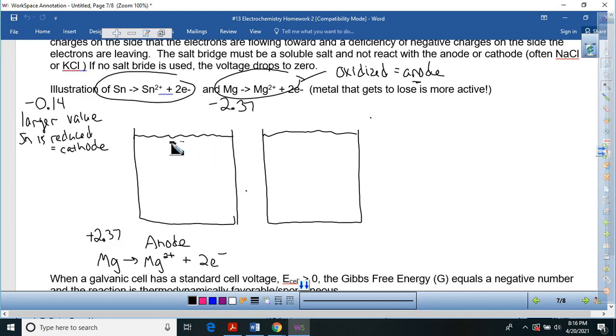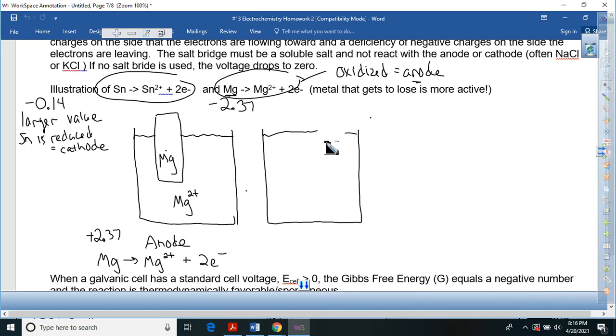So in my beaker, where I have my anode, my anode beaker has a solution of magnesium ions. And then it also has magnesium metal. So there's a strip of magnesium metal. So your battery is going to have two half cells.